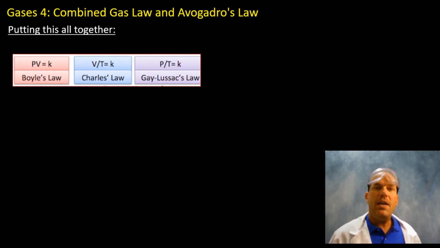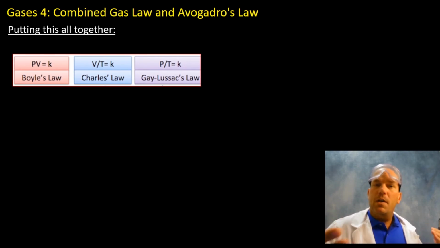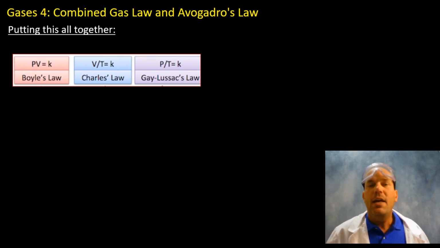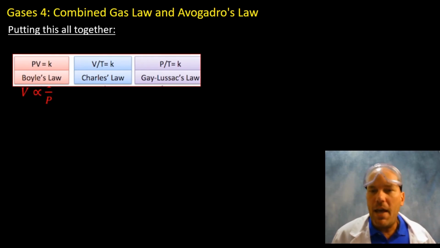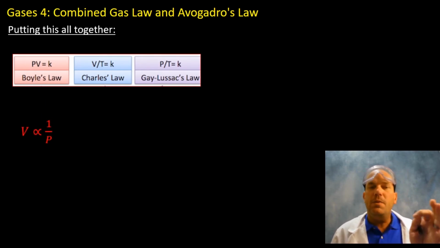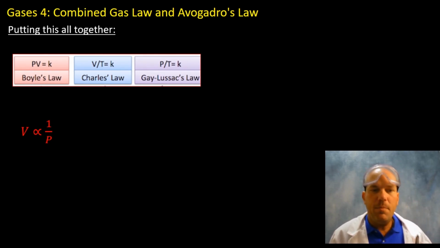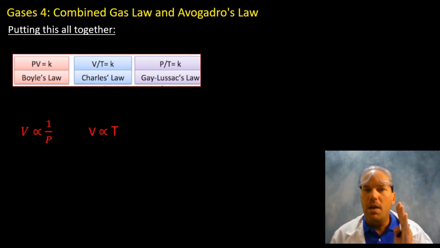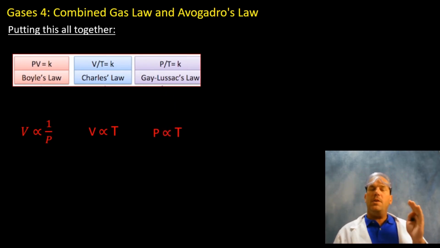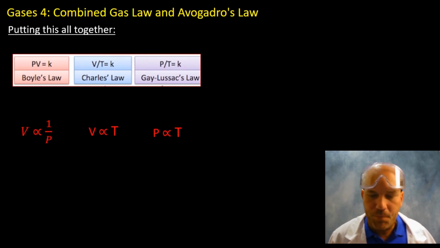Therefore, we can say pressure multiplied by volume equals some constant K. Likewise, we can do the same for Charles's and Gay-Lussac's. So when we looked at these different laws, we stated volume was proportional to the inverse of pressure. We stated volume was proportional to temperature, and pressure was proportional to temperature.